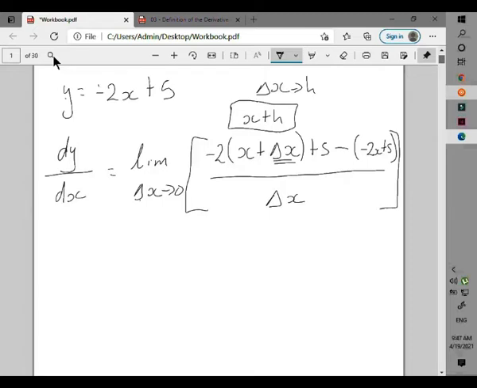Alright, so let's just move on to saying the limit as delta x approaches 0 of, again I'm just going to write this out, expanded and multiplying this.